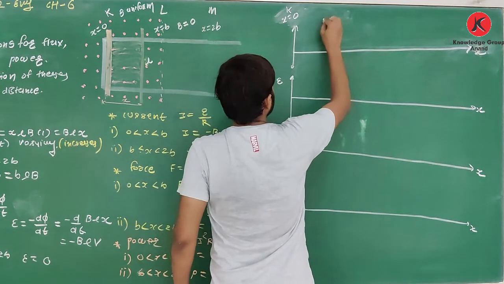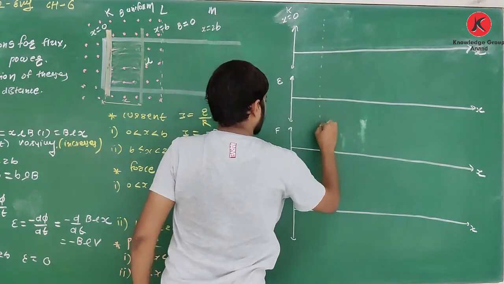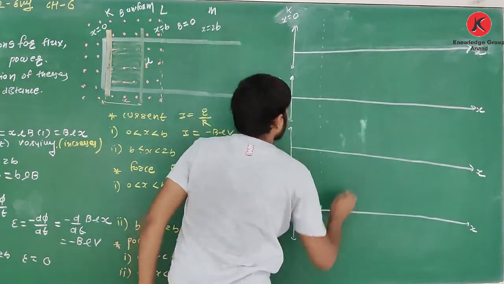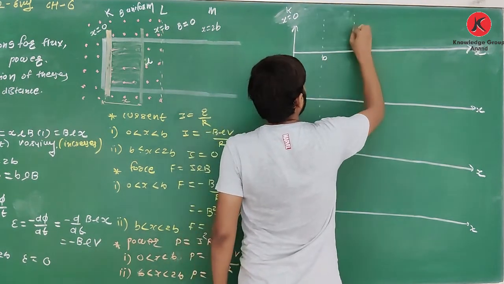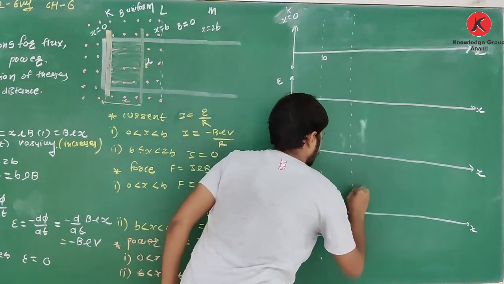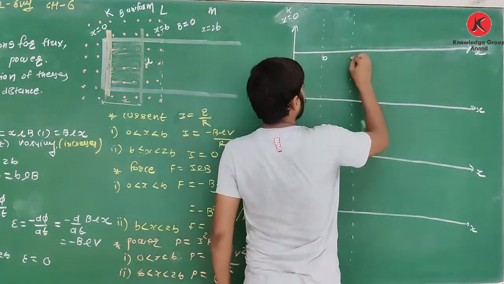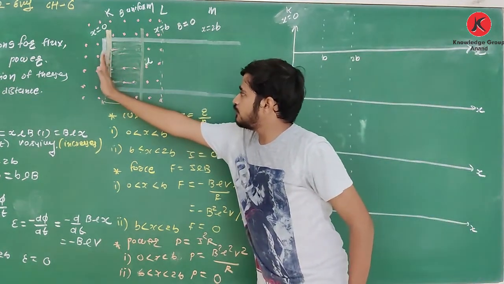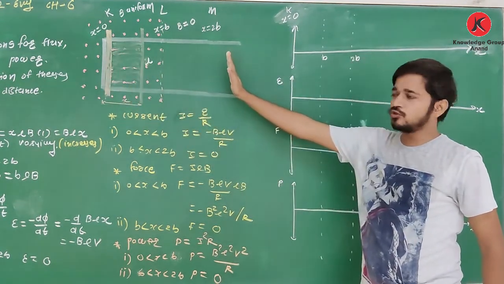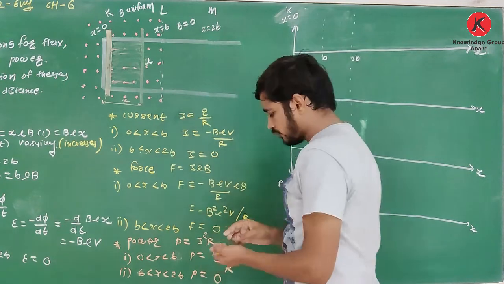Then here it is x is equal to b, and here it is x is equal to 2b. See, the wire is moving from x is equal to 0 to x is equal to 2b, and then from 2b back to x is equal to 0.